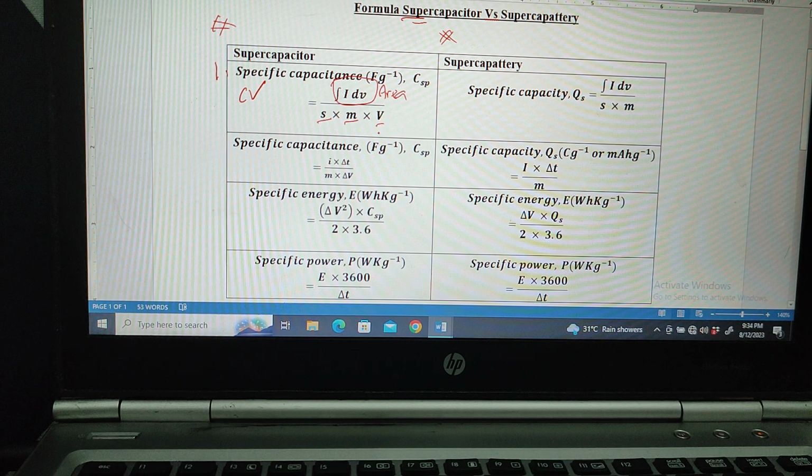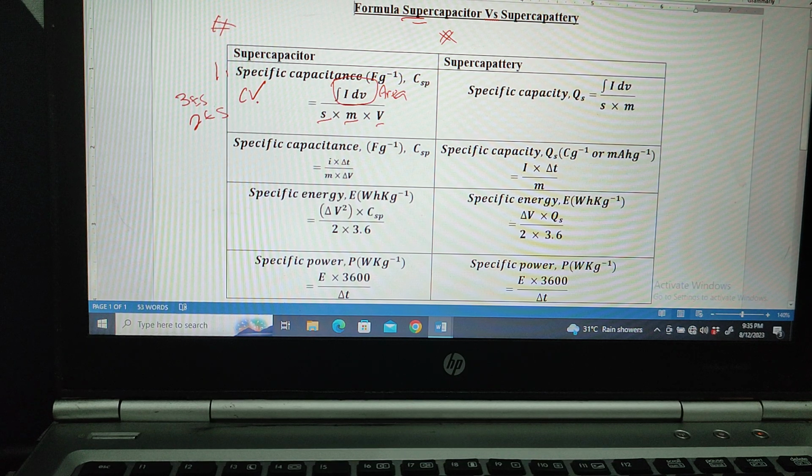This is important to get the specific capacitance from the cyclic voltammetry analysis. Area must be divided by the scan rate times the mass and also the potential window. It is applicable for 3 electrode system and also 2 electrode system.